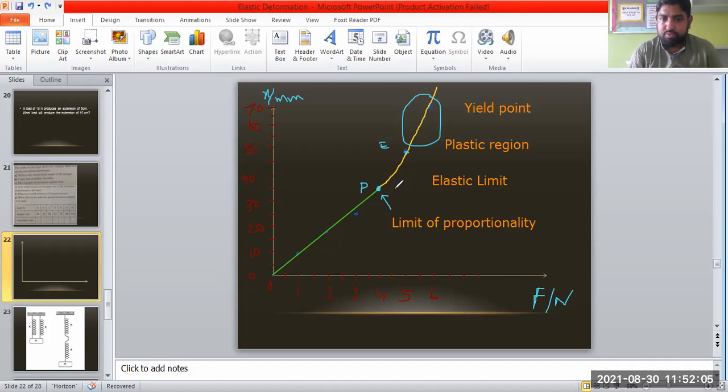Either it will be a curve that will be given to you to draw, or it will be a straight line. But for your understanding, this graph has both of those regions: a proportional region and then a curved part. So we have discussed the proportional region or limit of proportionality, elastic limit, plastic region, and yield point. So I hope you can define all of those.